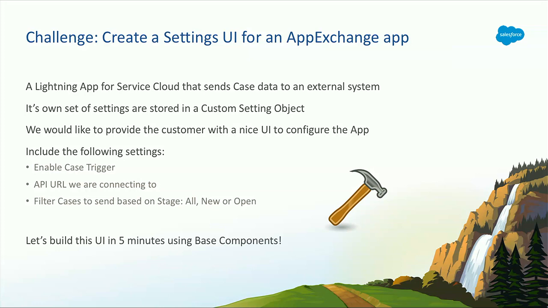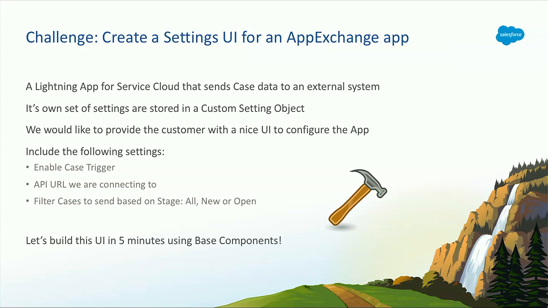In this case, the example app is an app for Service Cloud. And it's an app that connects to an external third-party system and sends some of the cases that arrive in Service Cloud to that third-party system, for example, for analysis. So what we are going to do is build a settings UI that lets us configure this app. We will need 3 settings in our basic version.